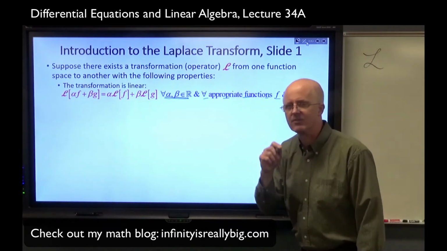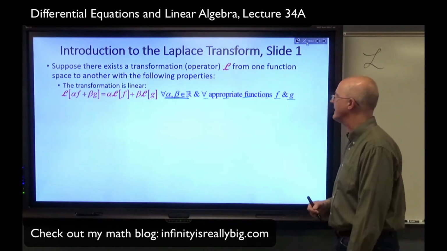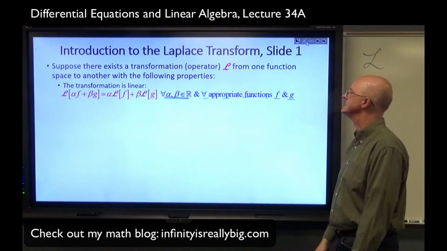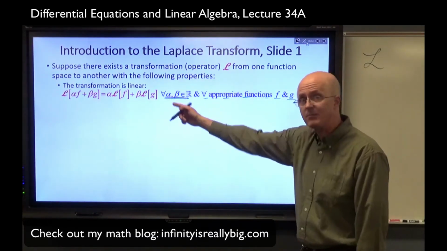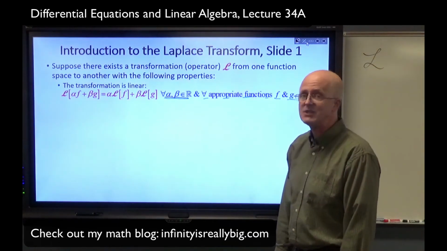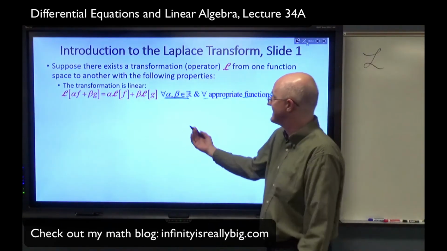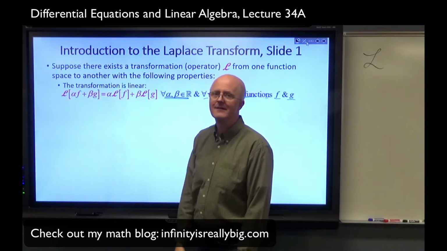They're going to be functions of little t, but I'm not putting little t in there explicitly. I do sometimes, but not always. That's what it means to be linear. Operation preserving. Alpha f plus beta g is a function. L of that is another function. This entire thing is another function.